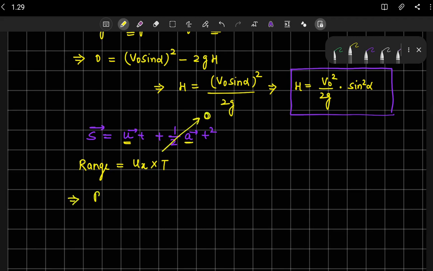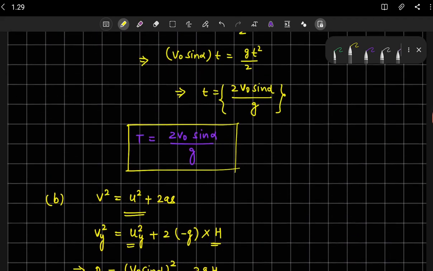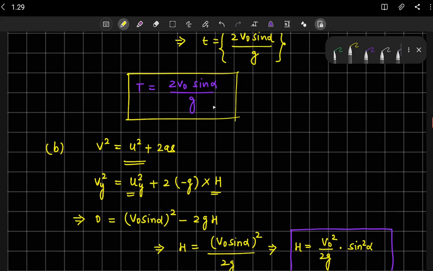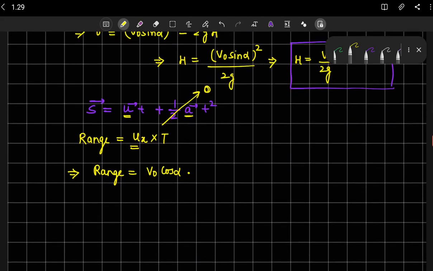Now we can write range is equal to the velocity in the x direction, that is v naught cos alpha, times the time of flight, that is 2 v naught sine alpha by g.